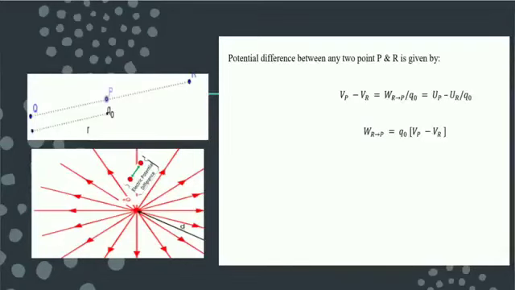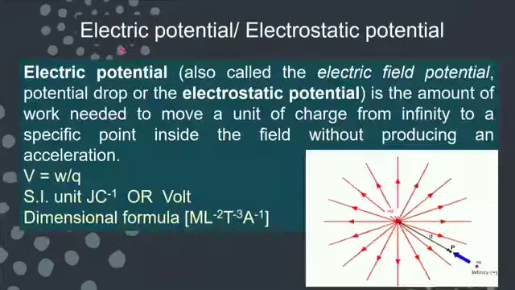V is the denoting sign for the electrostatic potential. So you have to learn what is electrostatic potential, then only you can use this equation which is there for potential difference. Potential difference is simply the difference in the potential between the two bodies. This is the definition of electrostatic potential.